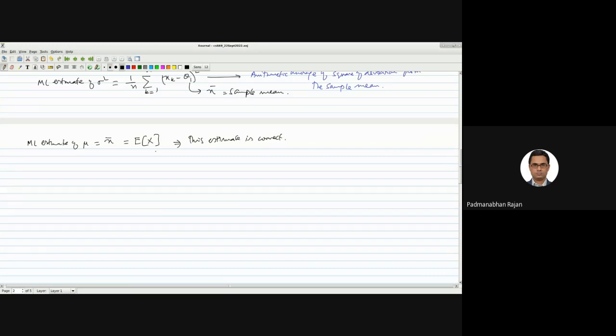So this is a correct estimate. Now the ML estimate of variance is not equal to E of (x minus E of x) the whole square.